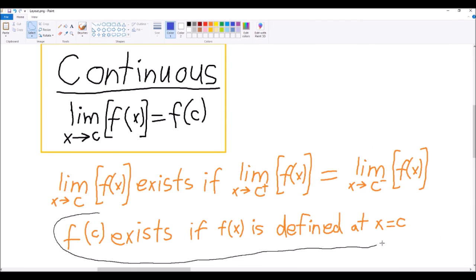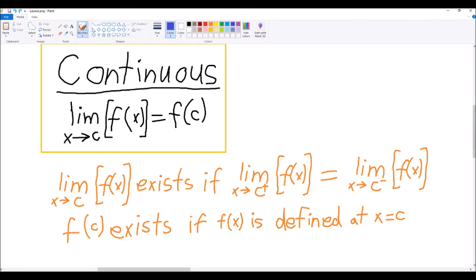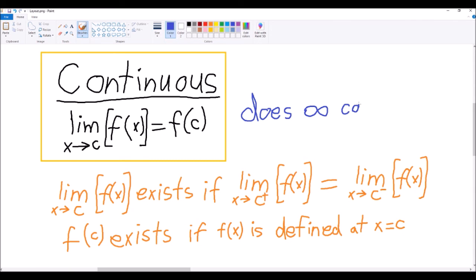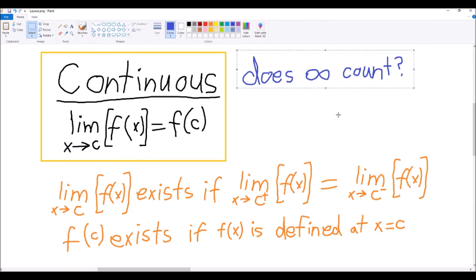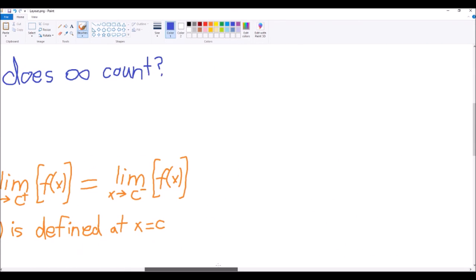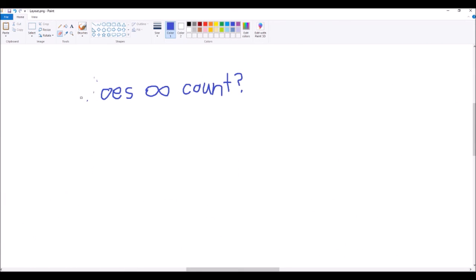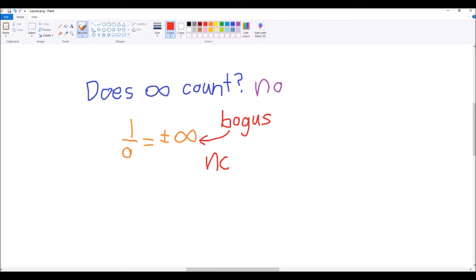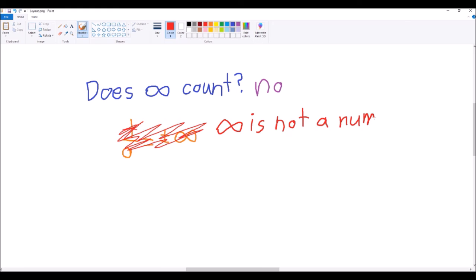So now that we've defined continuity in a way that means we no longer care about pencils, we need to finally put a debate to rest. Does infinity count as an answer? The general consensus is no. Even though infinity is treated like a number in this instance, saying 1 divided by 0 equals infinity is kind of bogus because infinity is technically not a number in and of itself.